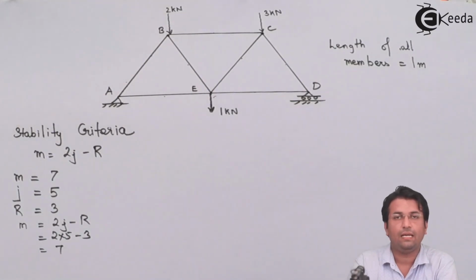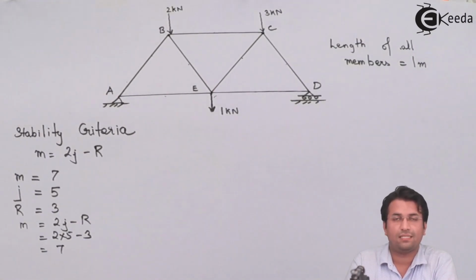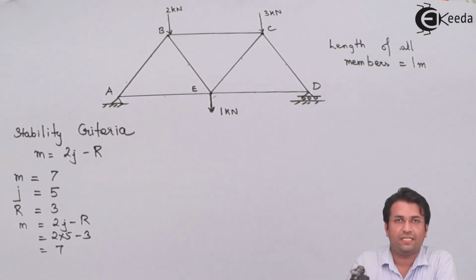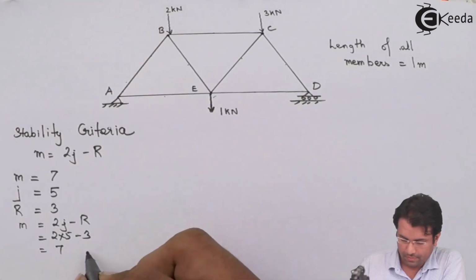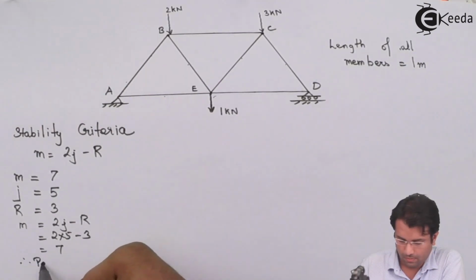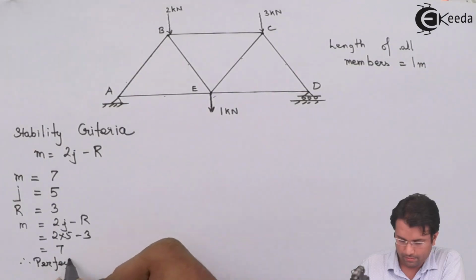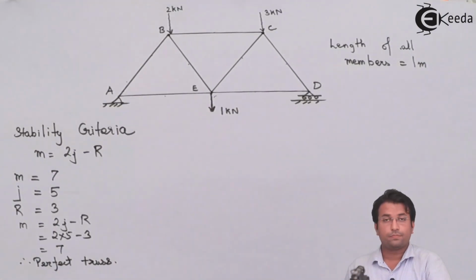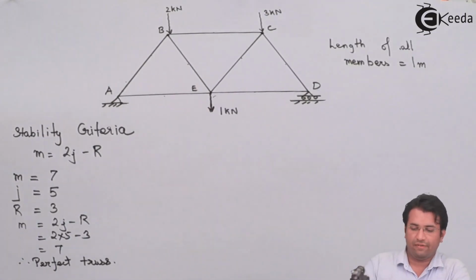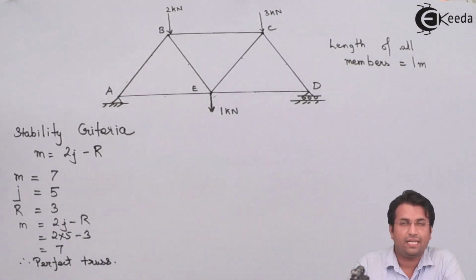Now we can see that my right hand side, that is 2j minus r, is equal to my left hand side, that is the number of members. So that means this is a perfect truss. Now students, the first thing that we have calculated was the stability criteria.